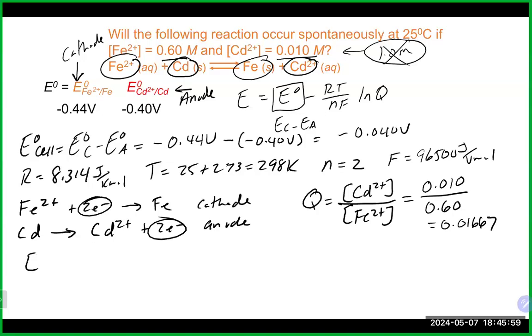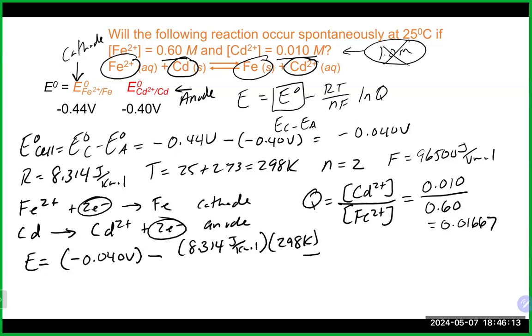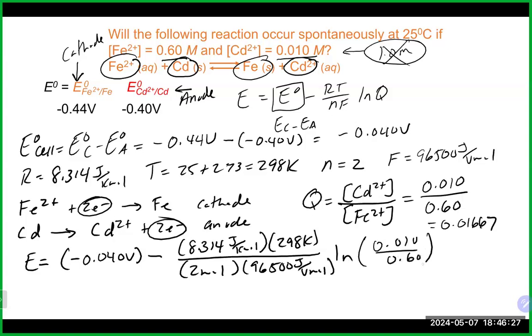So plugging it in, E is going to equal our E of our cell, minus 0.04 volts, minus our R, 8.314, our T, 298, all divided by our moles, 2, and our 96,500, and the natural log here. You can use the number or redivide it there, basically. So I'm going to clean up the right-hand side of the subtraction.